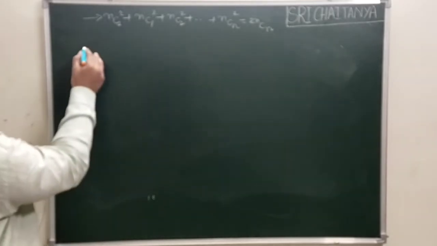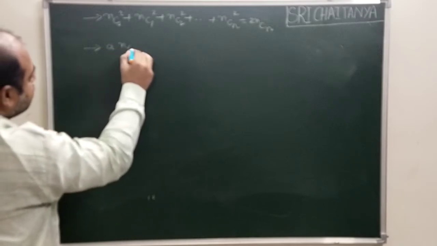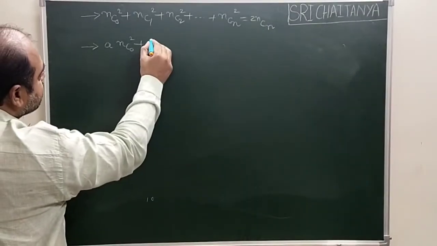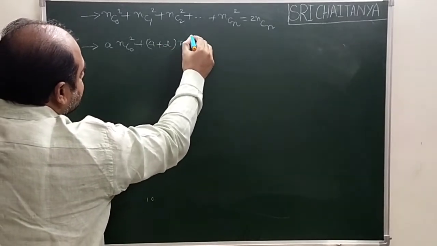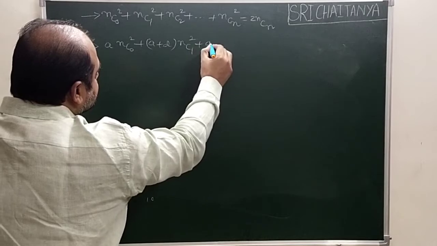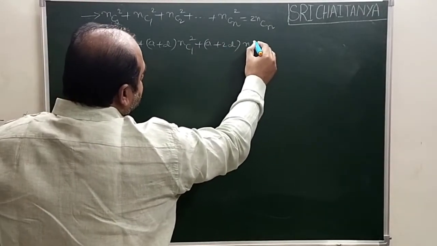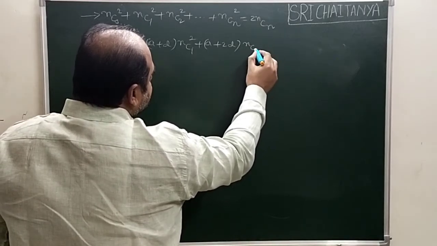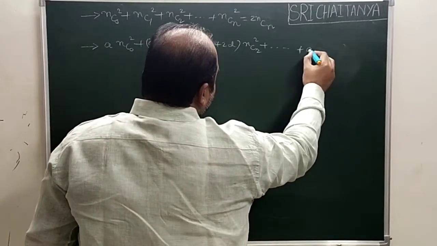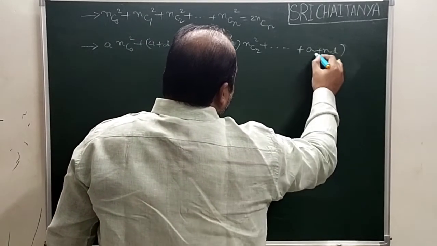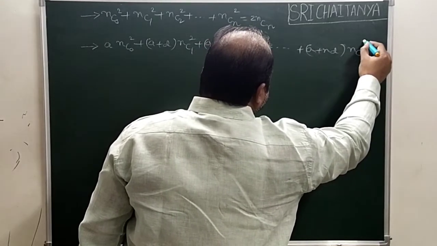Now look at it. If the series is of the type A into NC0 square plus (A plus D) into NC1 square plus (A plus 2D) into NC2 square plus and so on (A plus ND) into NCn square.